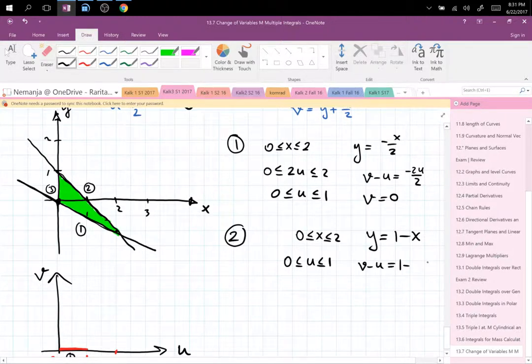And that's 1 minus 2u. So v is equal to 1 minus u, and u goes from 0 to 1.